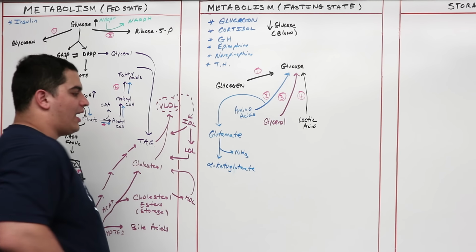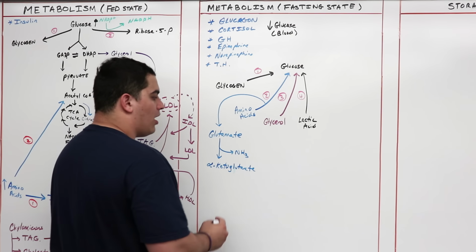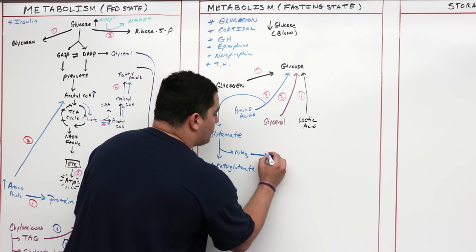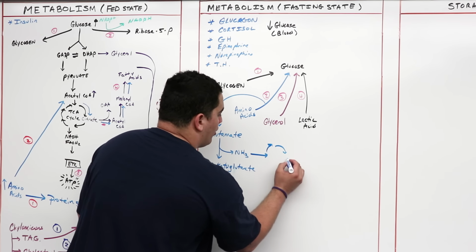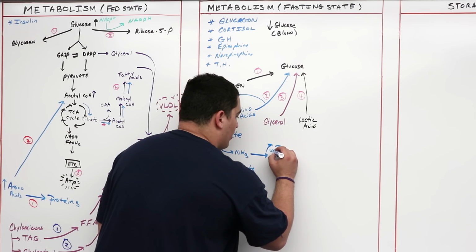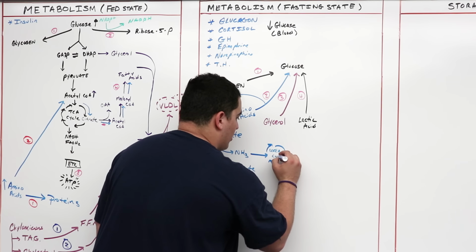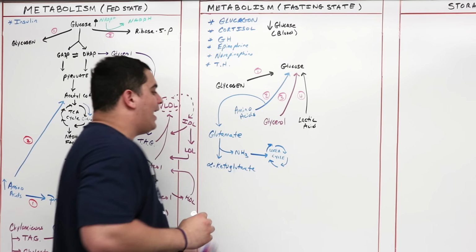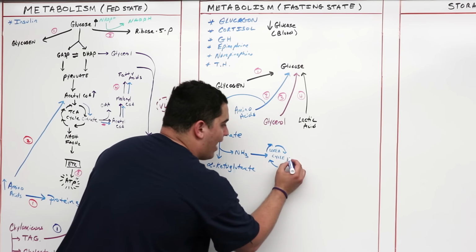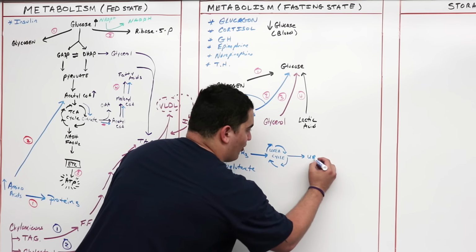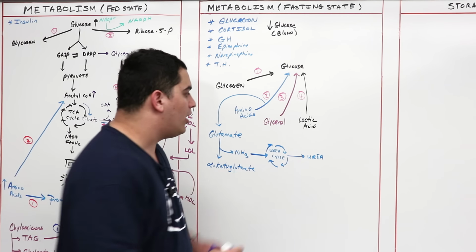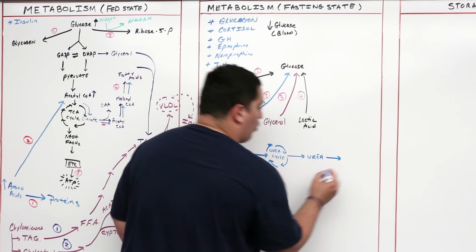Well, guess what happens with that ammonia? This is a super toxic molecule. Because it is so toxic, we can send it through a cyclic pathway called the urea cycle. In the urea cycle, we use particular enzymes to push out a molecule called urea. Urea is less toxic, and we're able to send this to a particular organ in the body.